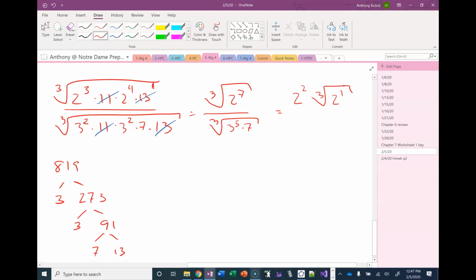So if I had like 9 quarters and I went to the bank, you get back two $1 bills and you still have 1 quarter left over, right? So we have 7 2s and we need 3 of them to make 1 full 2. So I can do that twice, right? And I have 1 left over. Yeah, so the ratio changes.